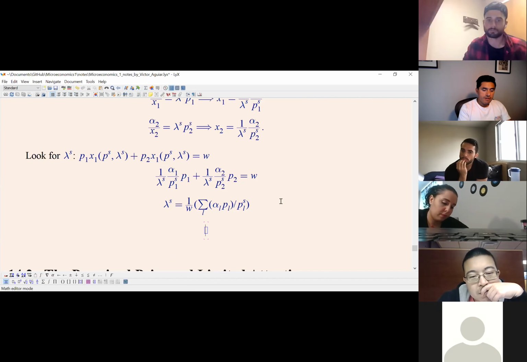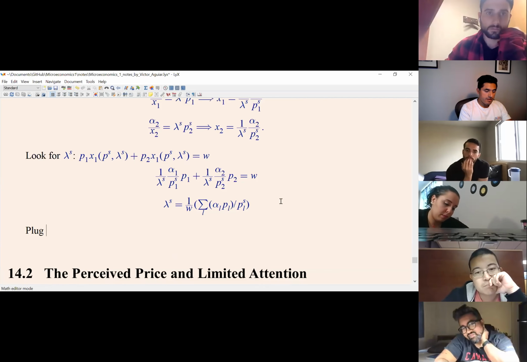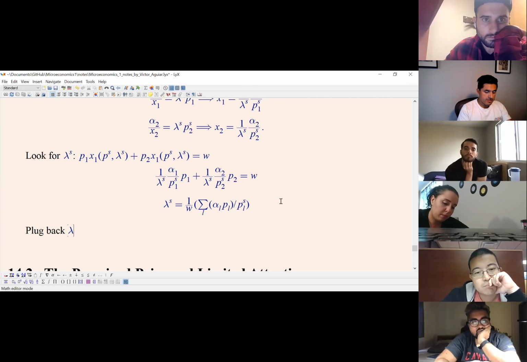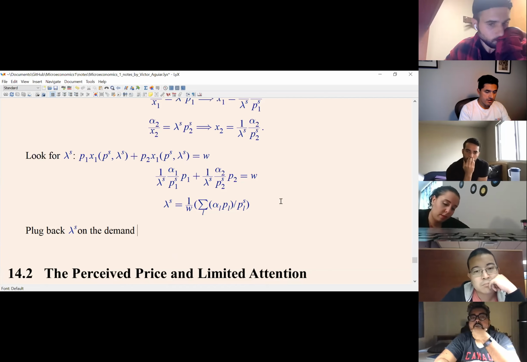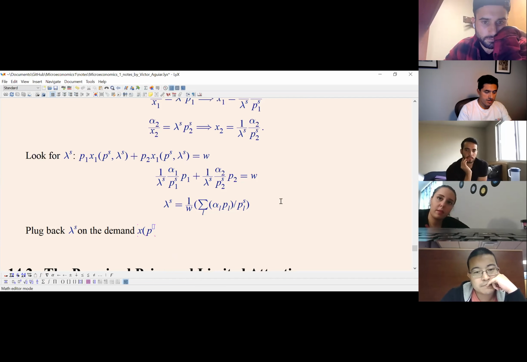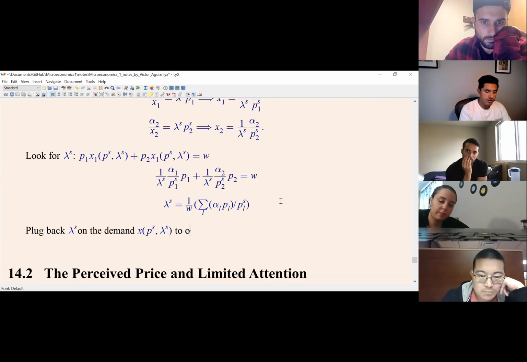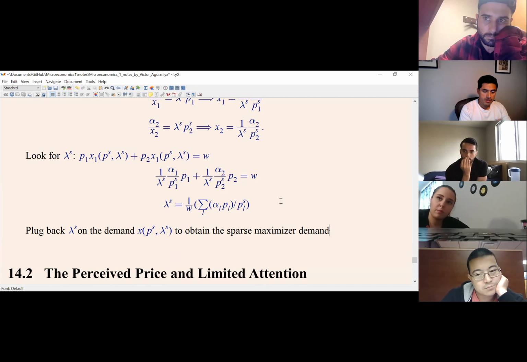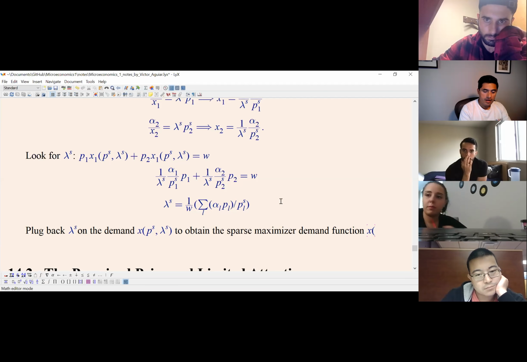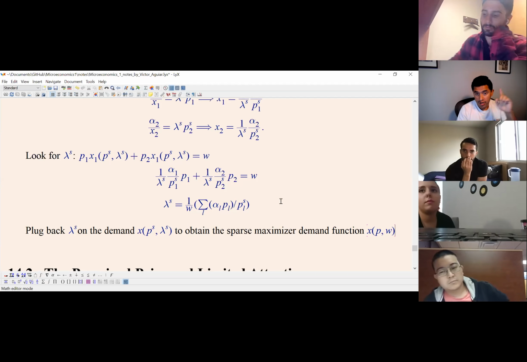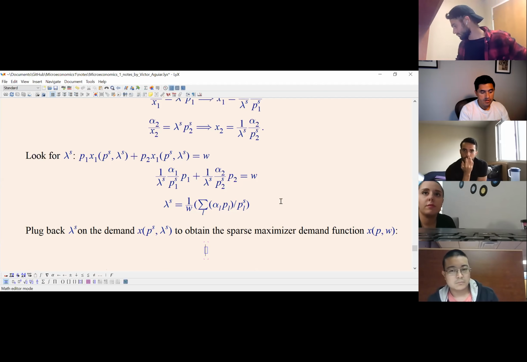So now, what is the final stage? I plug lambda s back into the demand X of the fake price and lambda s to obtain the sparse maximizer demand function, X of P and W, in terms of real price and real income. Got it?